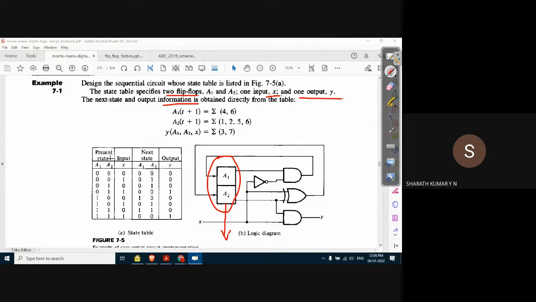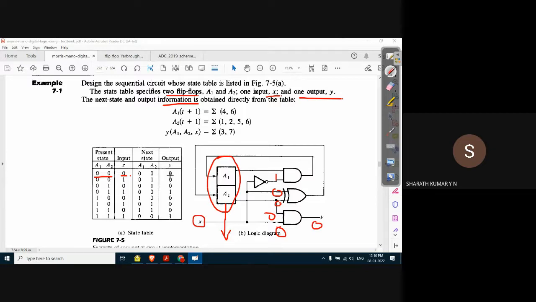Okay, fine. In case the present state is 0 0, and if X input is also 0, then what will happen is this becomes X, and this is also X, and this will be 1. And this is the output. This is also 0, because it is coming from A2, and this is also 0, so this will be 0.